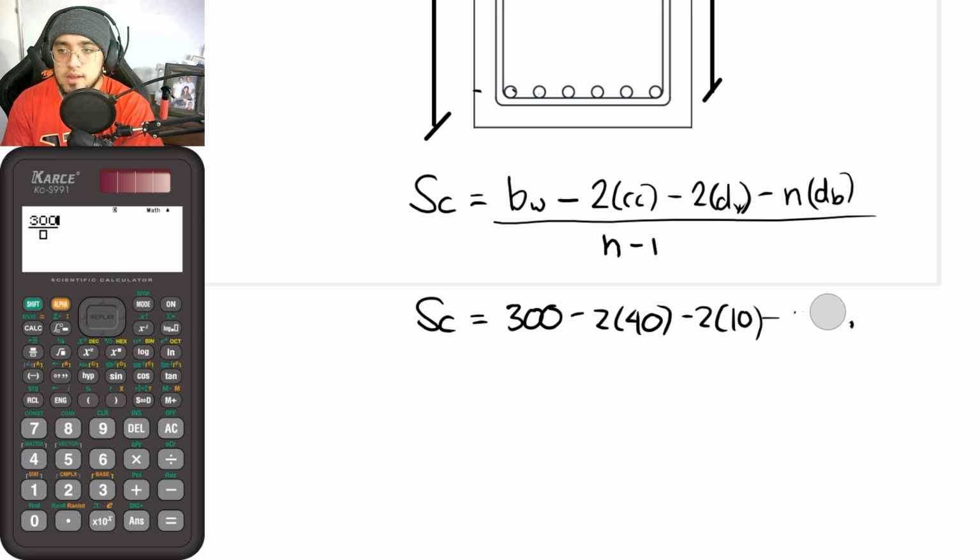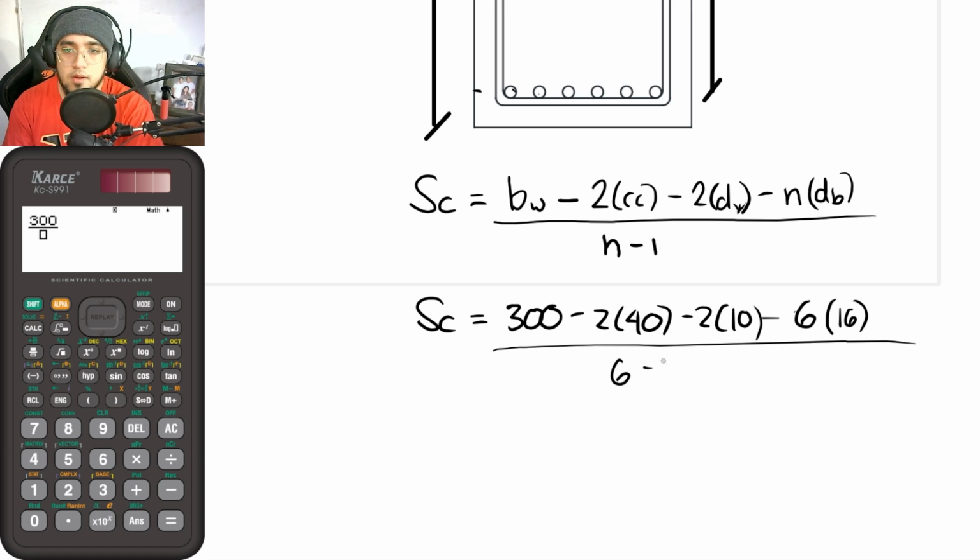So from that, guys, n dB, and we have 6 rebars times dB, and dB is equal to 16 mm, divided by 6 minus 1. So for our clear spacing, looking at the calculator, 300 minus 2 times 40 minus 2 times 10 minus 6 times 16 divided by 6 minus 1.